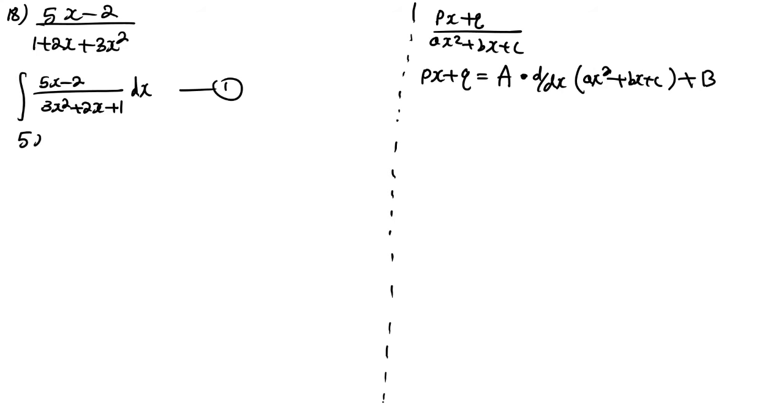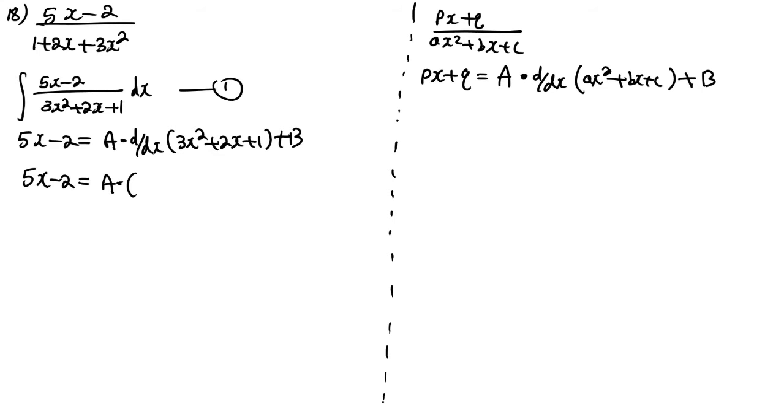I am writing 5x minus 2 equal to a into d by dx of 3x square plus 2x plus 1 plus b. So 5x minus 2 is equal to a into d by dx of this term, which is 6x plus 2, plus b. 5x minus 2 is equal to 6x into a plus 2 into a is 2a plus b.